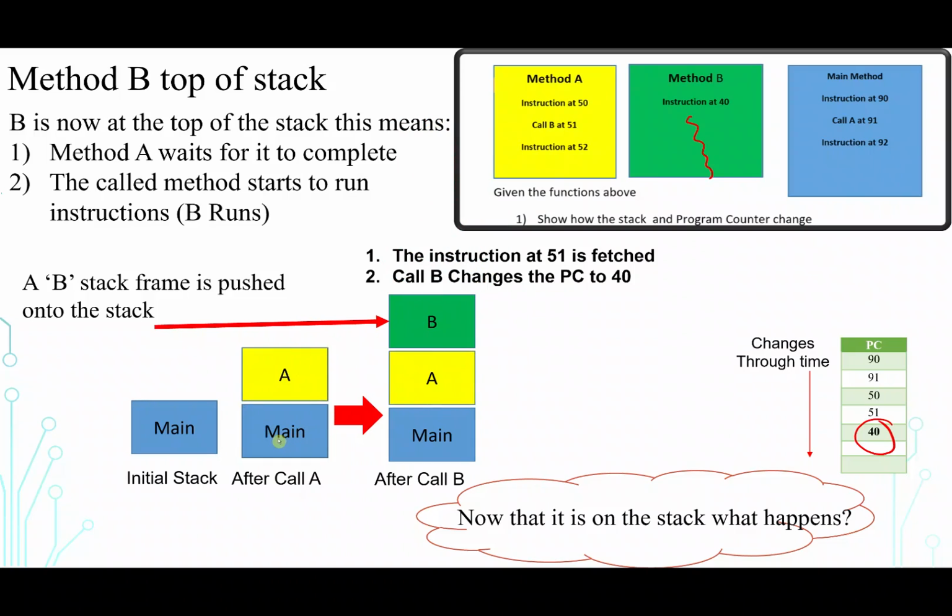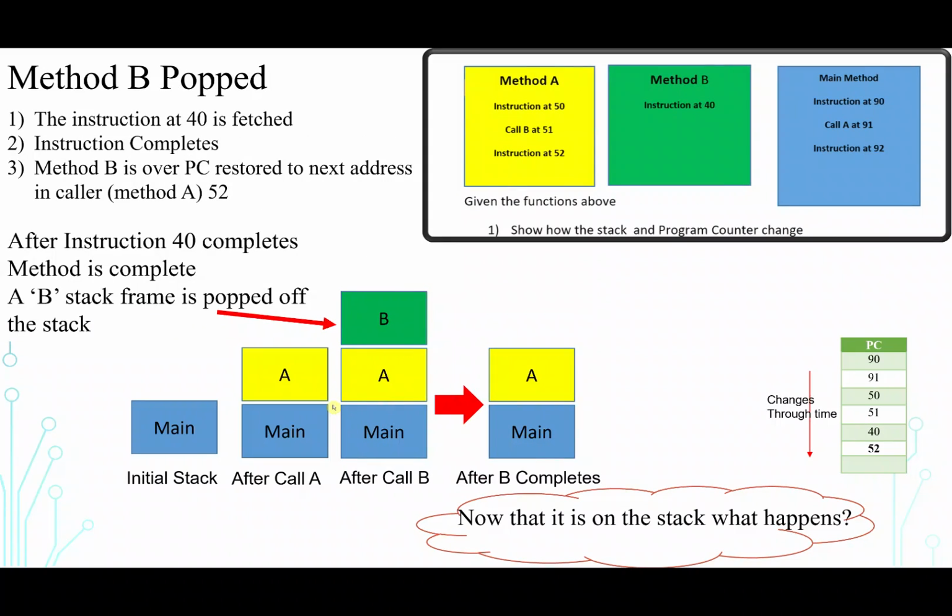Okay, so we are at 40, we finished 40, we go back, and since there are no instructions there, we pop off this one. So pop off B and go back to the instruction after the call. The call was at 51, so we go back from 40 to 52. Then we execute 52. Are there any more instructions? No. Then go back to your caller, to the main function.